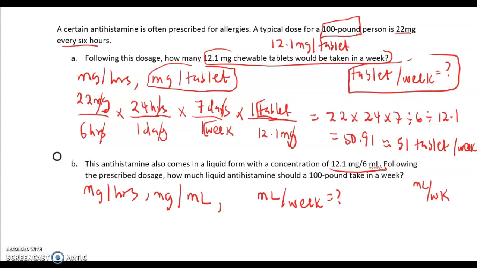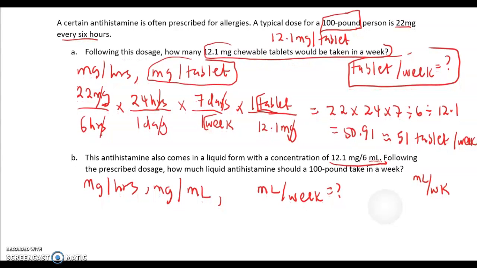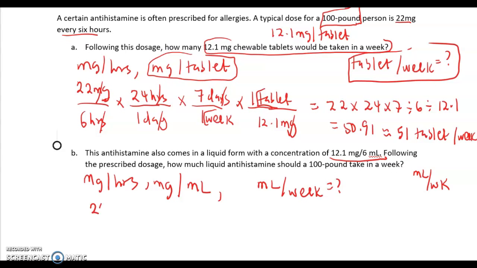So we're going to start with the 22 milligram per 6 hours. You want to find a way and get rid of all the hours. So to convert from hours to weeks, we have to convert hours to days.